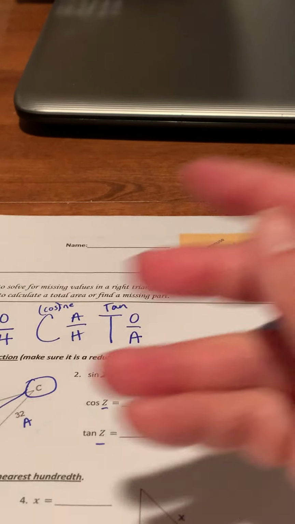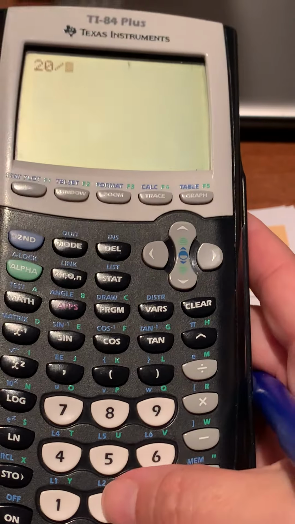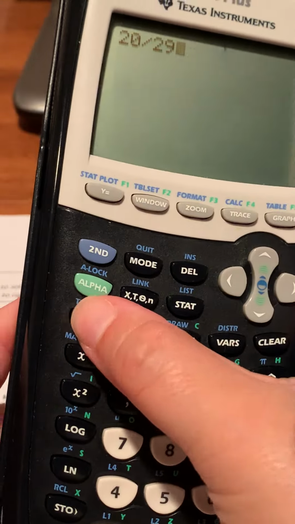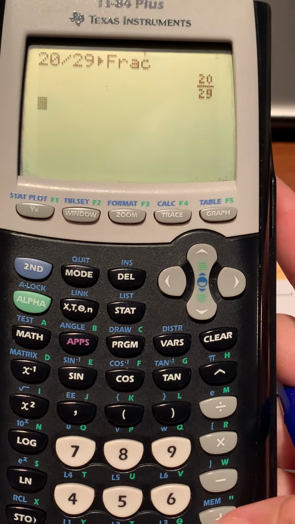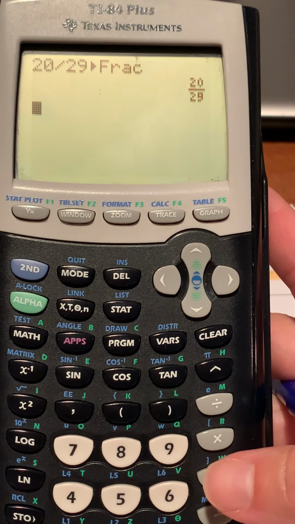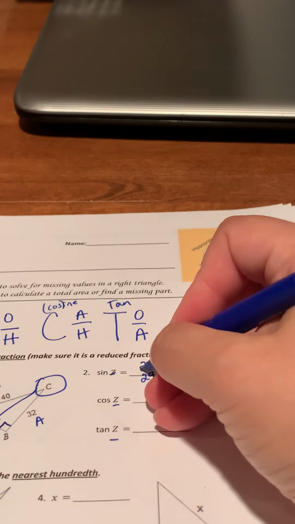Always try to reduce fractions. Now, if I do 20 divided by 29, hit math, enter once, enter a second time. If you get the same answer, it means the calculator cannot reduce it. It doesn't mean you have to do something different, it just means it can't be reduced. So we leave it alone, 20 over 29.